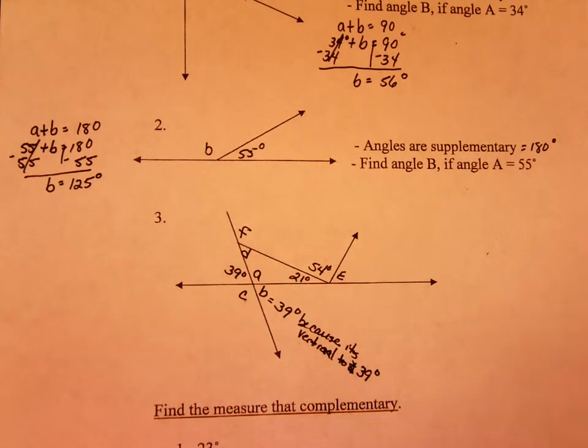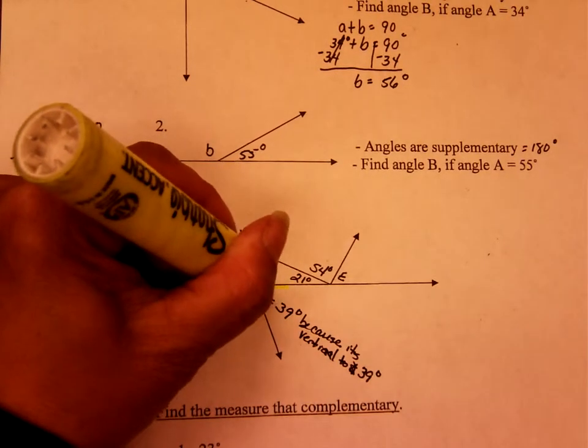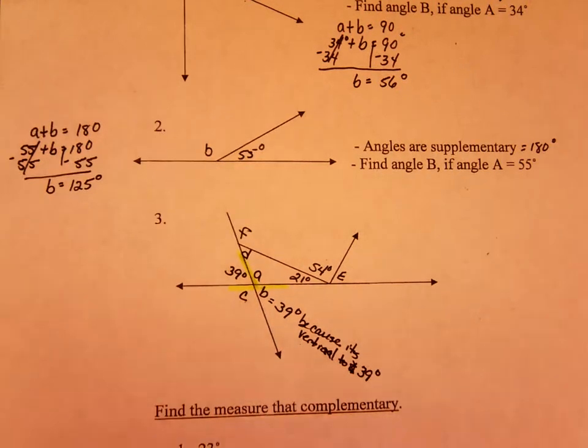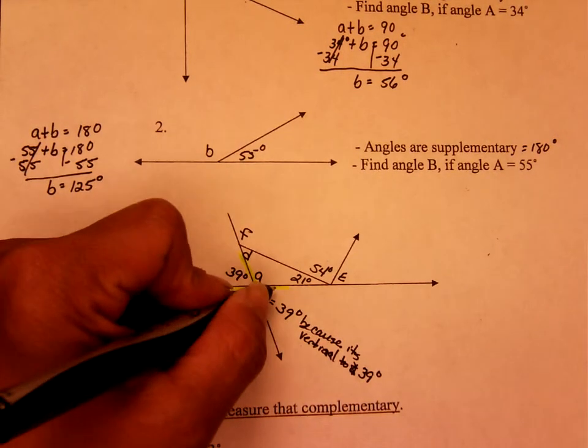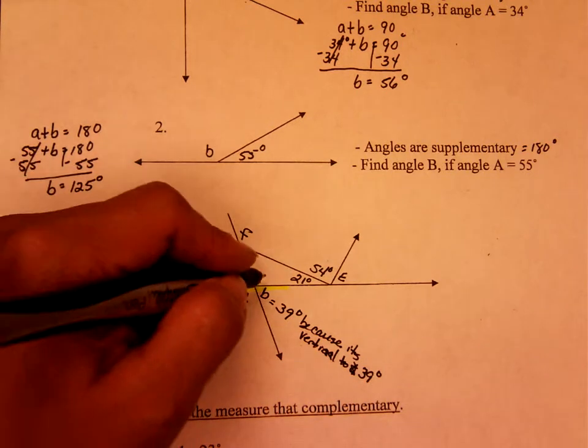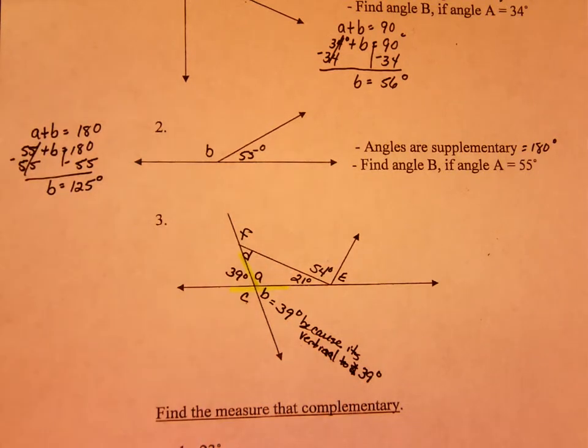If I highlight this, what do you notice about that? Now, this is yesterday's work. You should have known from looking at this that this is a supplementary angle. So to find what angle A is, you do exactly what you did for number 2.